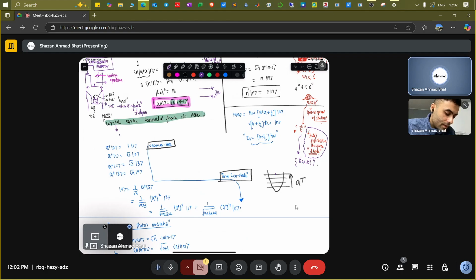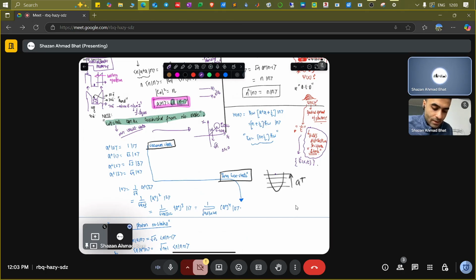Remember the coherent state, it's a minimum uncertainty state. You draw the field quadratures x2, x1, something like this, where this is delta x2, this is delta x1, and this is the phasor alpha, which is square root of n.